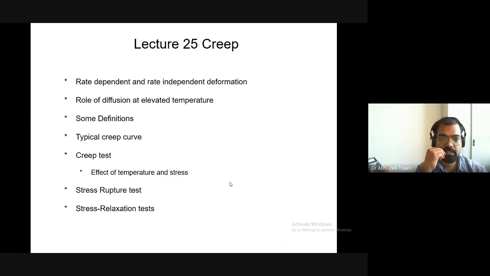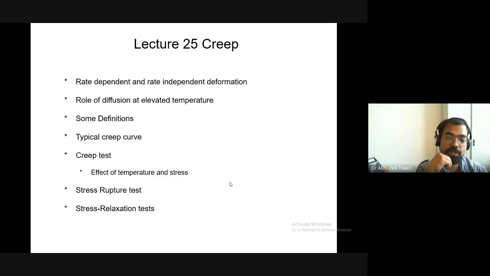So we have discussed previously that creep deformation is a rate dependent deformation, and in creep deformation basically what happens is that the atoms are actually flowing, and that's why the name comes from the word creeping.